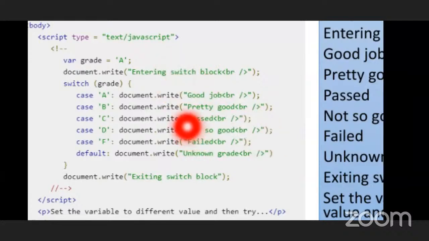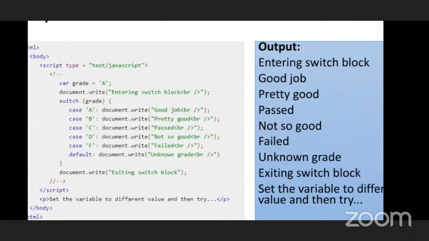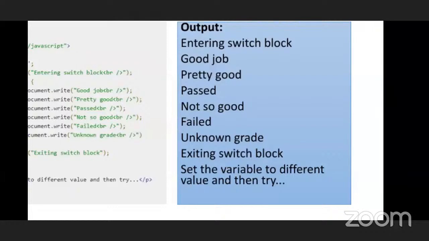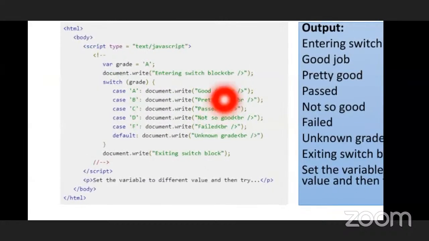But if you execute the same program now, you will get the output like this: Entering into the switch block, good job, pretty job, passed, not so good, fail. Why are we getting all these things? Because each and every case will be executed.